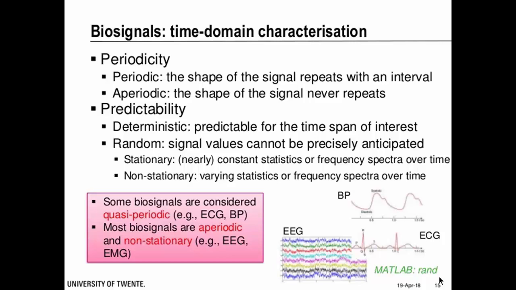The other thing is that there's a certain amount of predictability in a biosignal. Predictability can be either on the deterministic side, where the signal is in fact predictable for a certain time span of interest, or they could be random, which would suggest that the signal values cannot really precisely be anticipated.